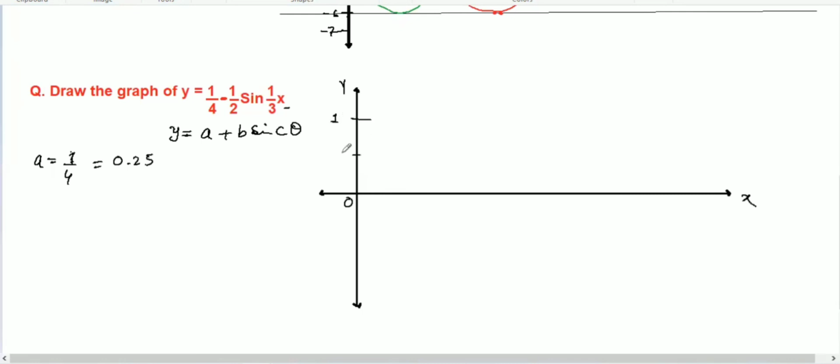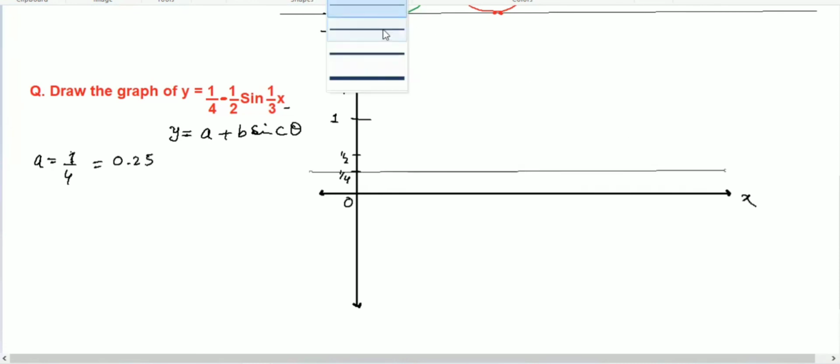So this is going to be half, and this is going to be 1 over 4. So this 1 over 4 is the midway line of this graph. So our graph will be on this line. So this is the midway line I have taken here.